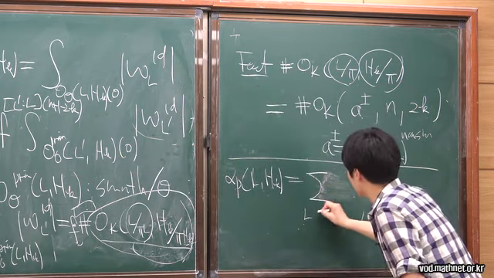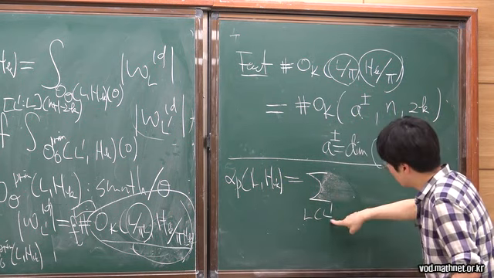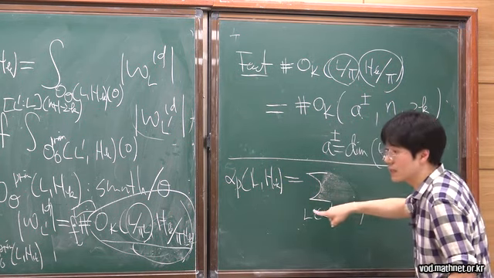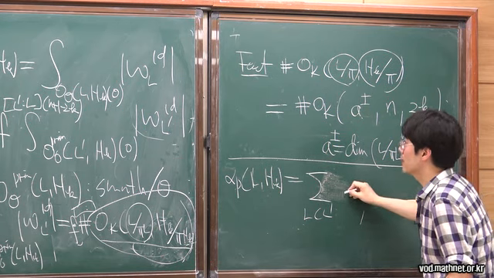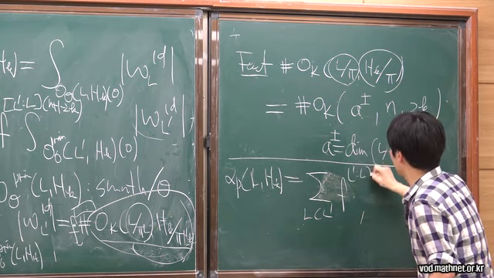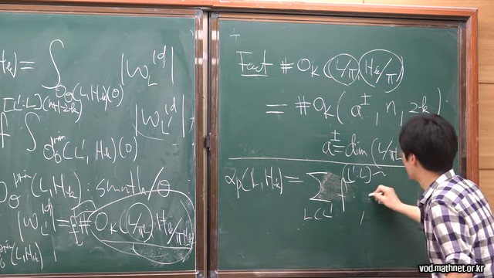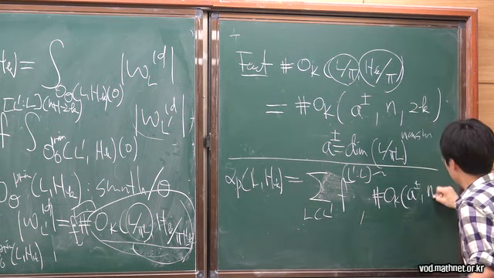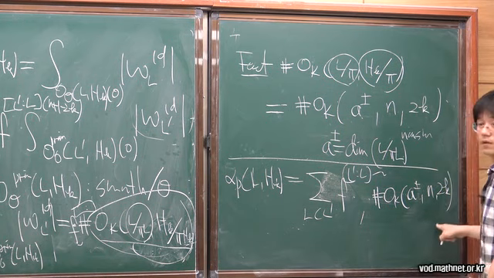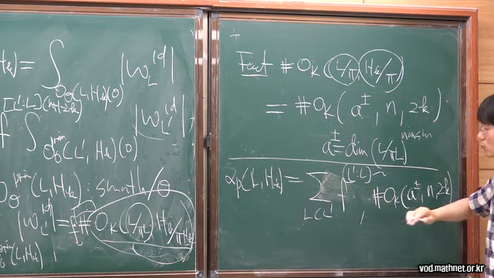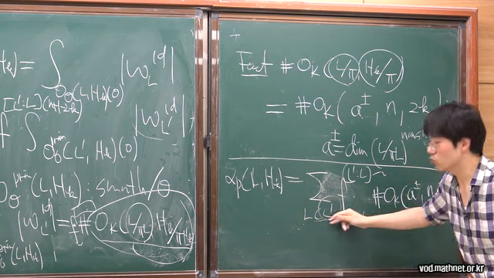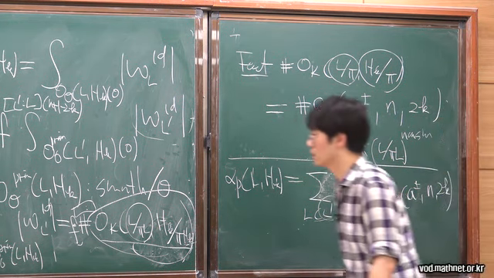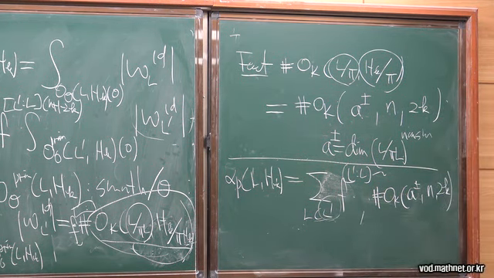This is the sum over all quadratic lattices L' including L, and each summand is this, F to the L' something, times the order of A and 2k. Okay, but this sum is also not good because we don't know how to handle the set of all lattices.